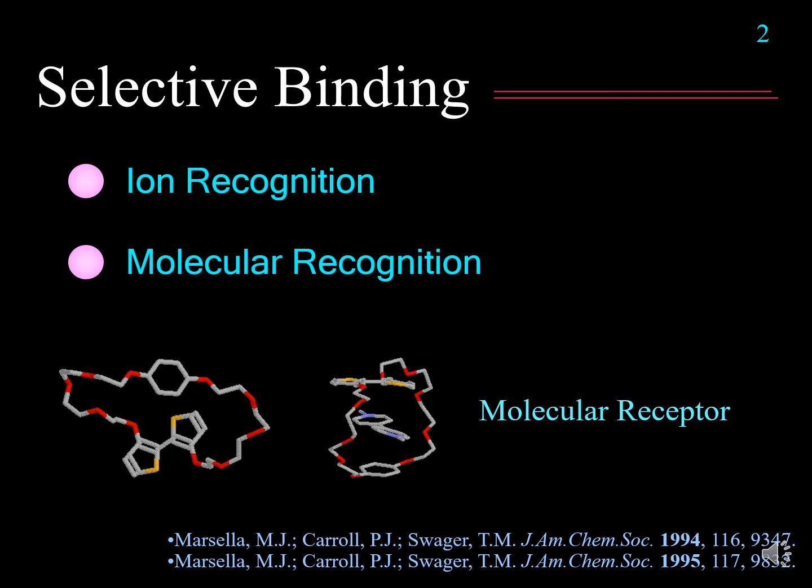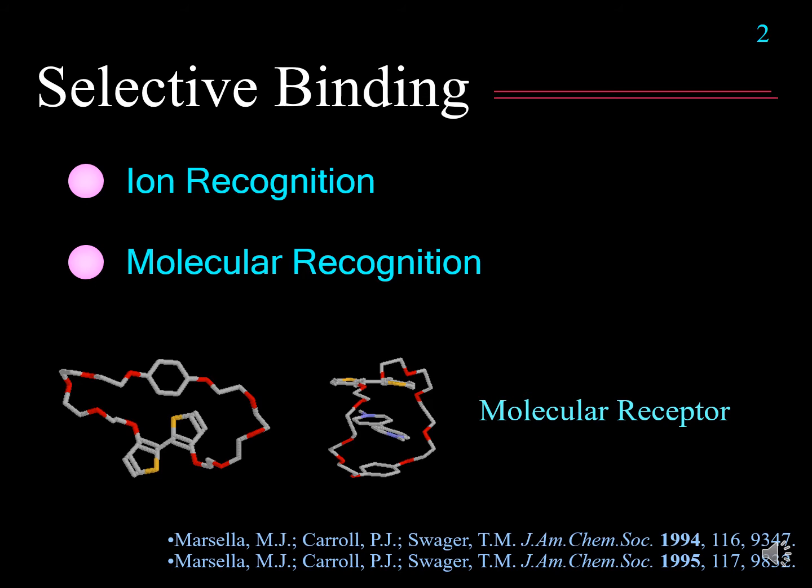The shape of the molecule has to be benzene-like, and the electron density has to be very low in order to have a nice charge transfer complex. So by designing the host molecules, we can have very high selectivity for guest recognition like this.